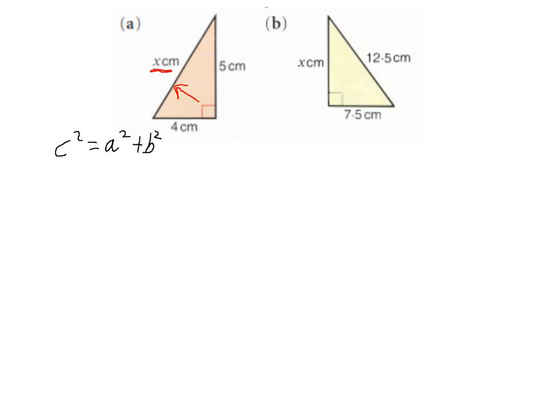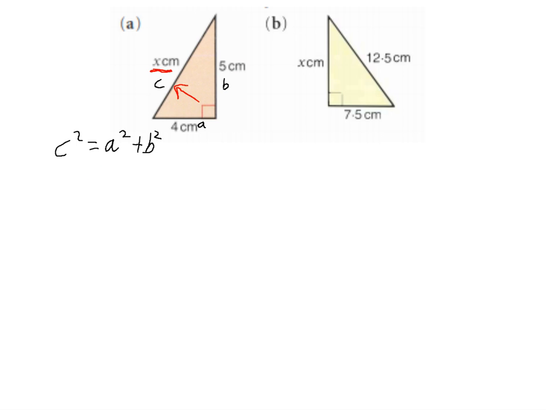And now that we know that this is the hypotenuse, this is c, and it doesn't matter which way around we put a and b here, because we're going to add them together anyway. So I'm just going to say the bottom one's a and the side one is b. But as I said, I could have labelled them the other way, it doesn't make any difference.